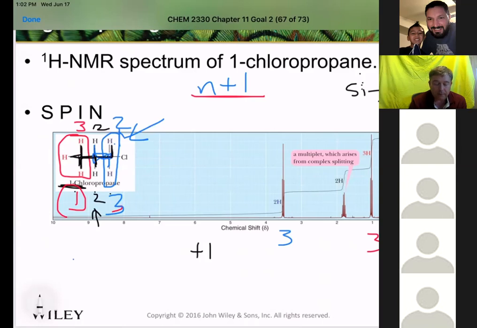And we have, let's see, that's 4 hydrogens and 5 hydrogens. So that means we have 5 non-equivalent hydrogens plus 1 is equal to 6, which means we should have 6 peaks in this right here. Okay, so let's blow that up and see if it's true.